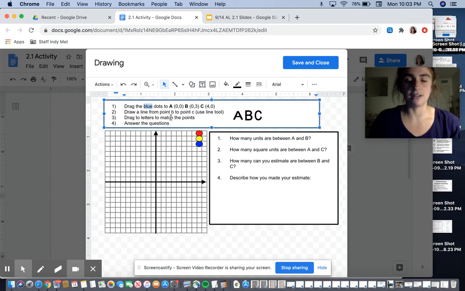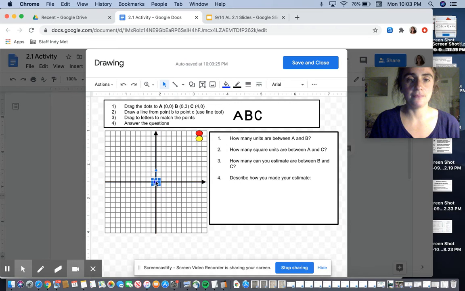It shouldn't say blue dots, it's just dots. So I'm dragging the blue one to 0, 0. I'm dragging B to 0, 3, so I go over 0 and up 3: 1, 2, 3. And the yellow dot goes over 4 and up 0.